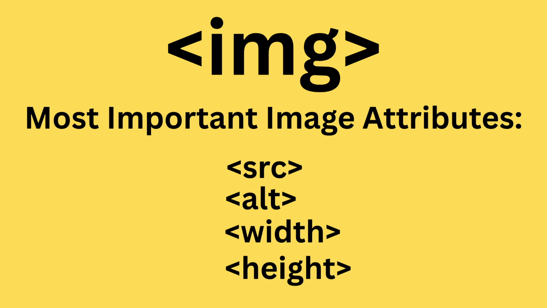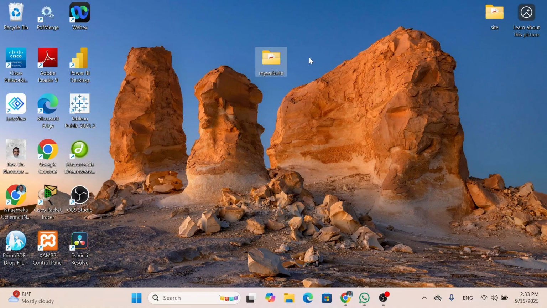And so I will simply go back to my root folder. You can see my root folder on this space, my website. My website was created in the first video in this HTML series, and that is why it is essential for you to see that video.